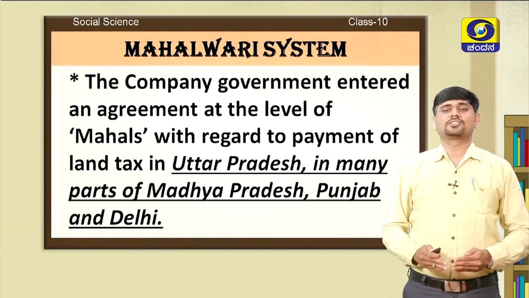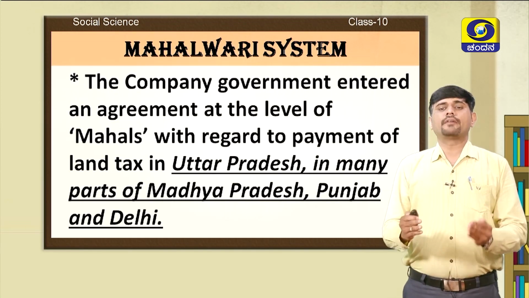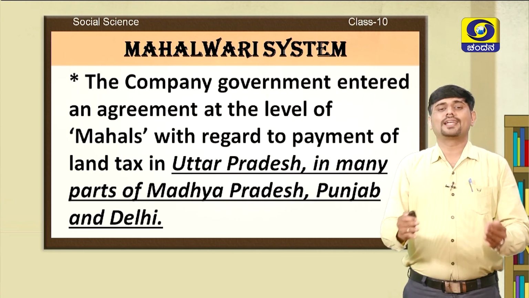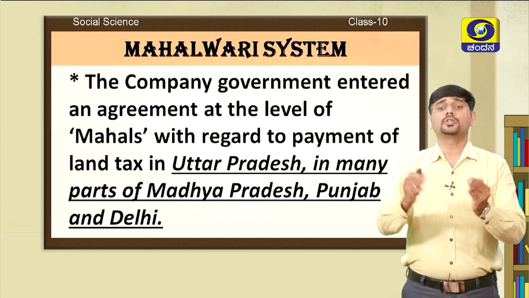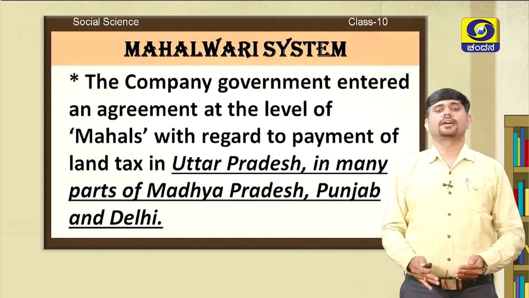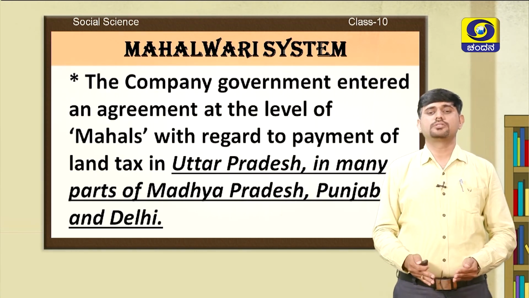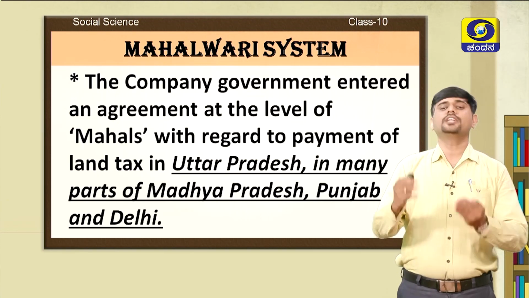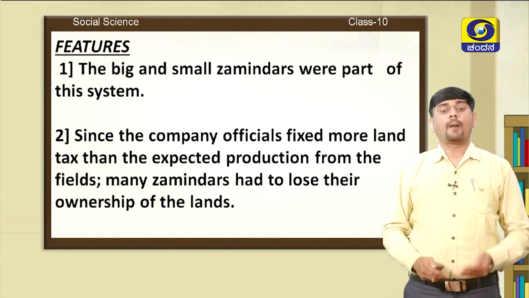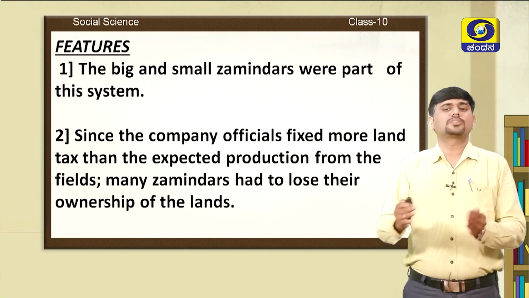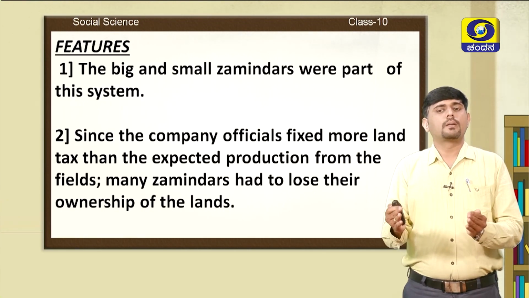Under the Mahalwari system, the Company government entered into an agreement at the level of Mahals, at the Taluk level, with regard to payment of land tax in the states of Uttar Pradesh, many parts of Madhya Pradesh, Punjab and Delhi. Apart from that, big and small zamindars were part of this system.